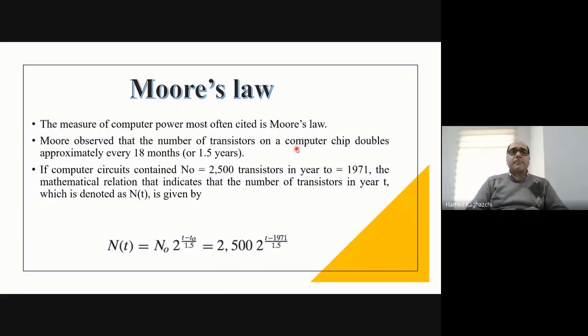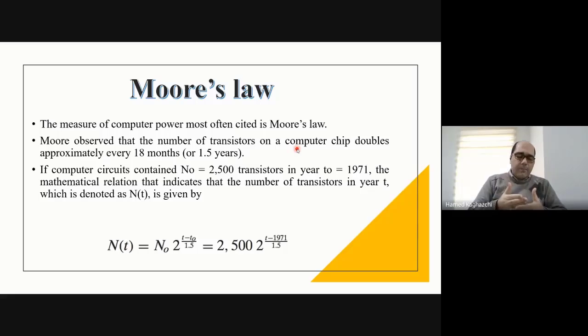As the last topic in this chapter, I want to talk about Moore's law. What is Moore's law? Moore was a scientist who observed that the number of transistors on a computer chip doubles approximately every 18 months.